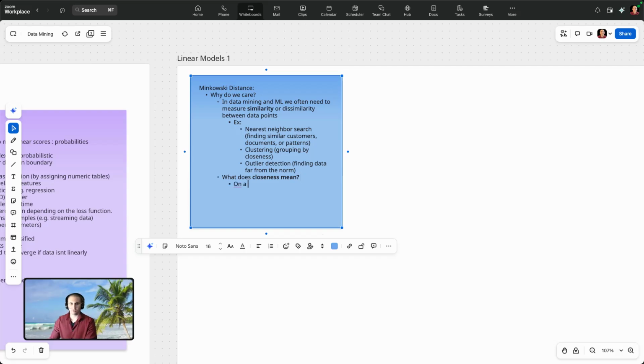On a street grid, it means blocks walked. In open space, it means straight line distance. Okay.